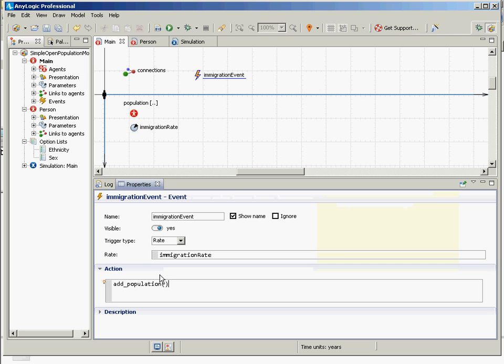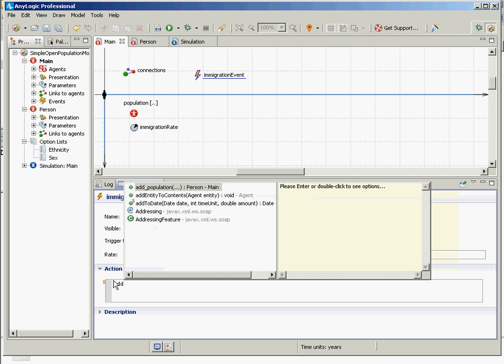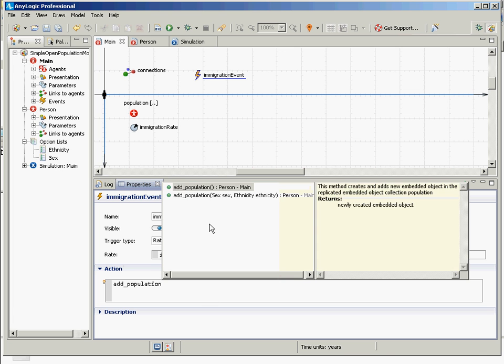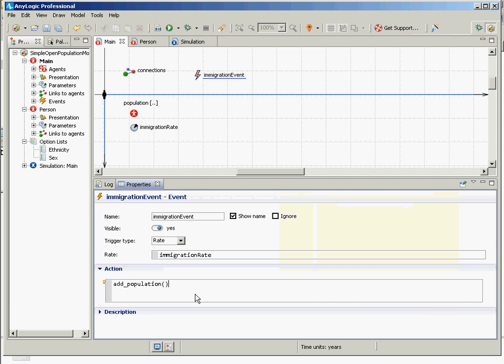We're going to initially do it like this and come back to this. How did I do that? I just chose add underbar population. You notice there's two of them. I'm just going to choose the first for the moment for simplicity. Okay, so now we're going to have people coming into the population.